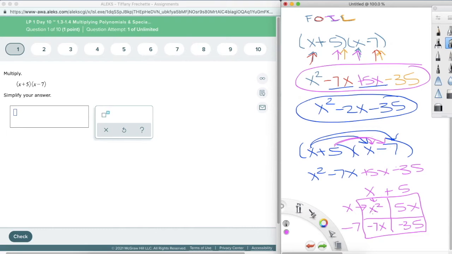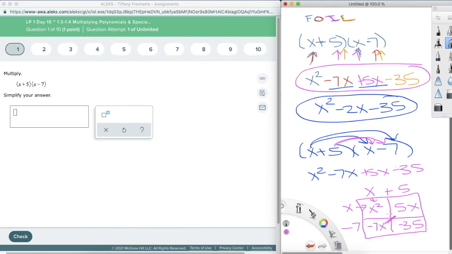The box would still work if we had a trinomial. All I'd have to do is add another box for another piece that I was adding or subtracting. You can continue to make this box bigger and bigger if you need to. One cool thing about the box is the diagonals going from left to right. If I go like this, these should be like terms. That's just a nice way to match that up.